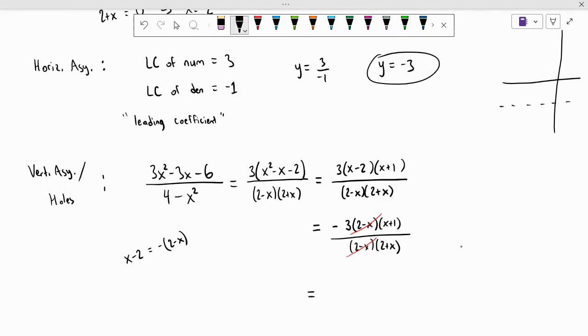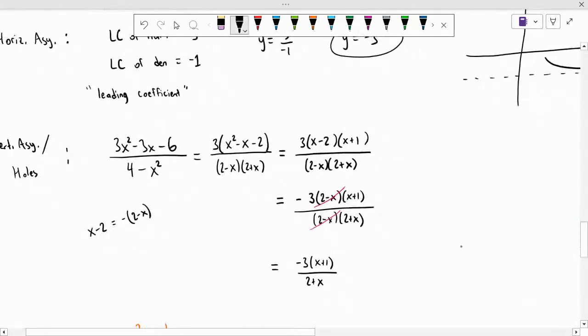So altogether, after factoring numerator and denominator, and then doing any cancellations that you can, we're left with this expression here. Now for the vertical asymptote, you're going to look at the expression after you make any cancellations.